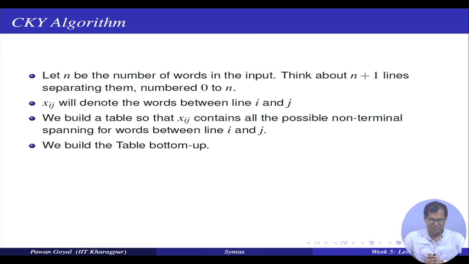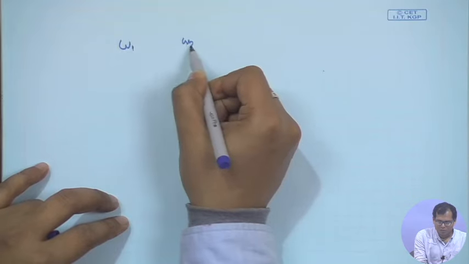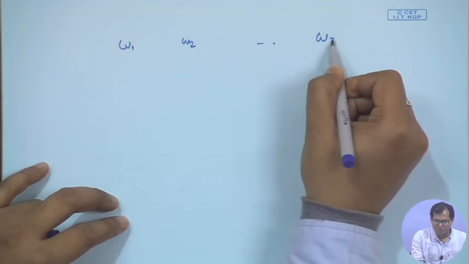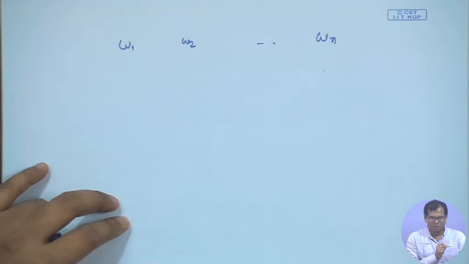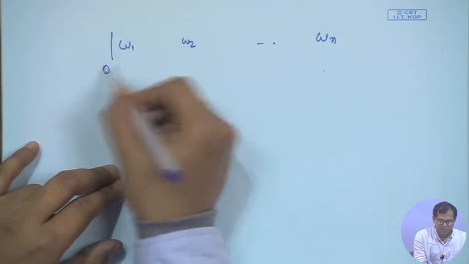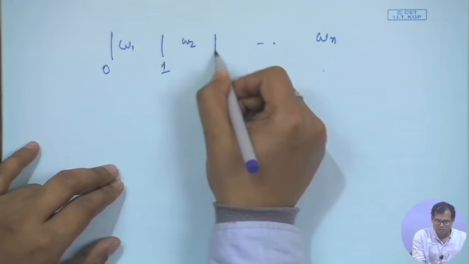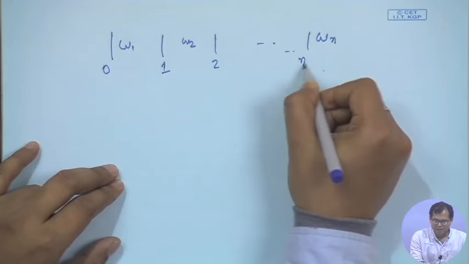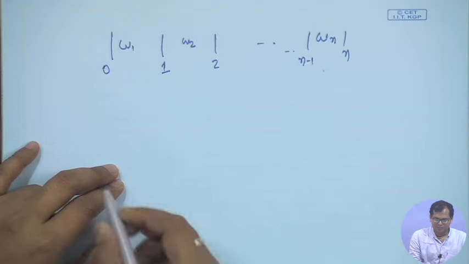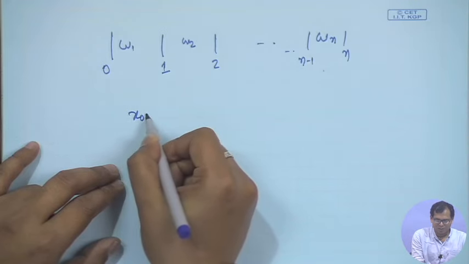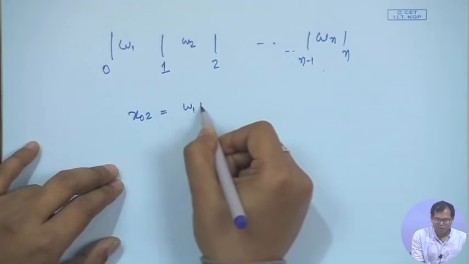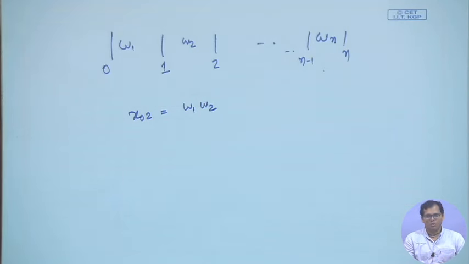So what I am saying, you have word 1, word 2 up to word n in your input string. So we'll assume some lines like 0, 1, 2, n minus 1, n. Okay, so for example x02 is words w1, w2, and so on.